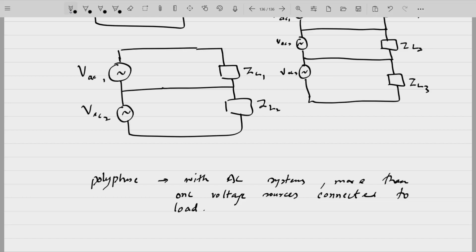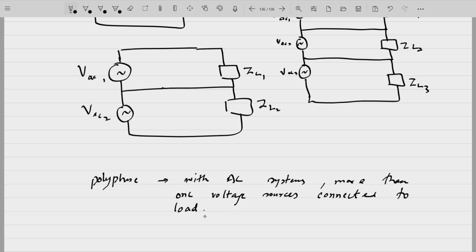It's not restricted to two or three. You can have four, five, six voltage sources, or you can say generation points, which will be connected to your load. The load can be a single load, or it can be a number of loads again.